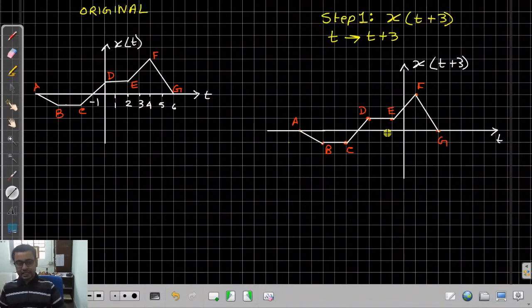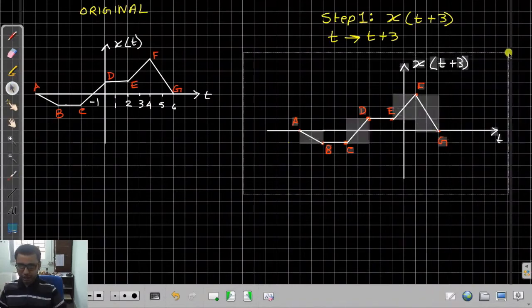So you can clearly see that this graph and this graph are very much similar, except that it is moved towards the left by 3 units. That was step 1. Now we shall move to step 2. For that, let me copy this graph.